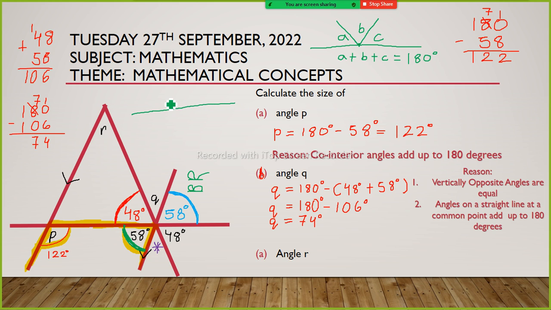Essentially, what we have is this line and this line, with the transversal going across. This one is to the bottom, right?